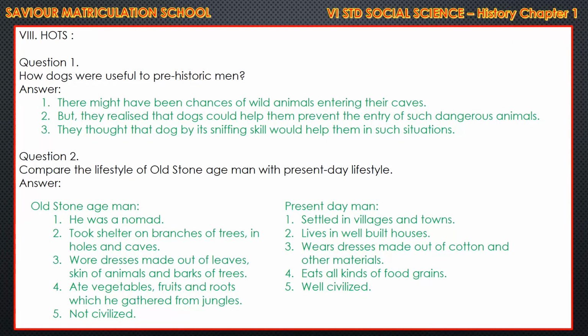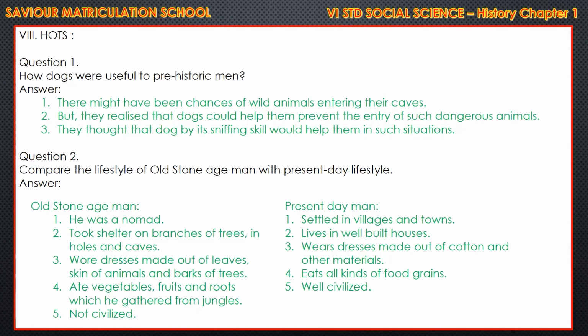While I was teaching you, I told you that the old Stone Age people lived on the branches of trees and in the caves. But now, are we living on the branches of trees? Not at all. We live in well-built houses.